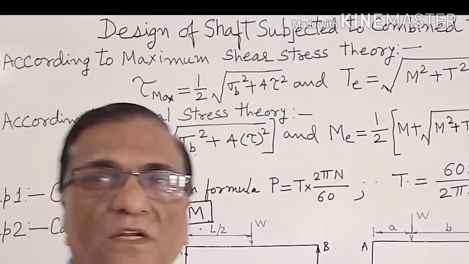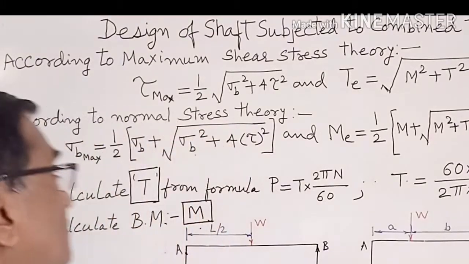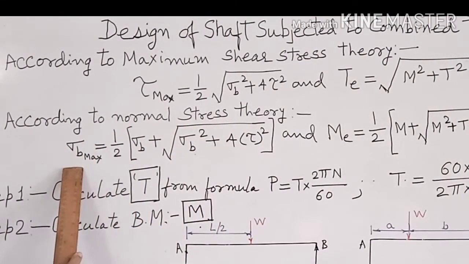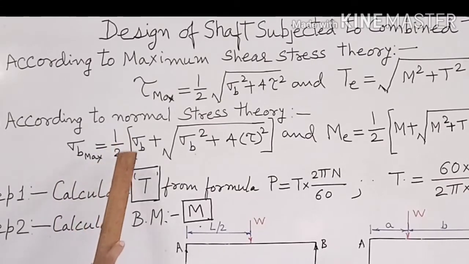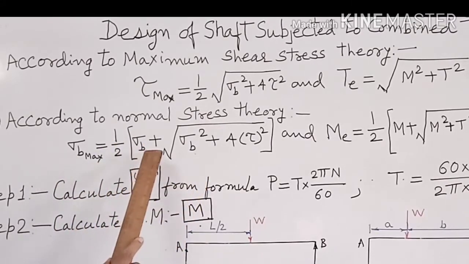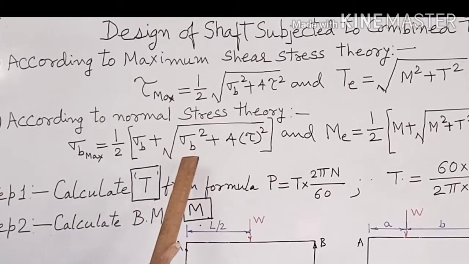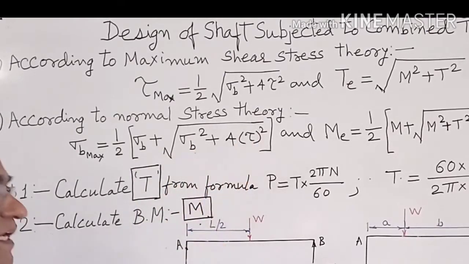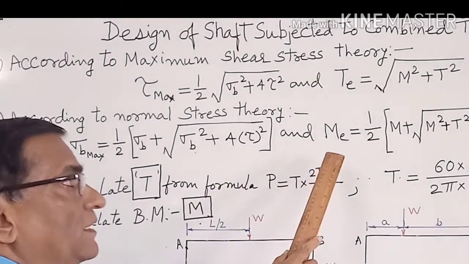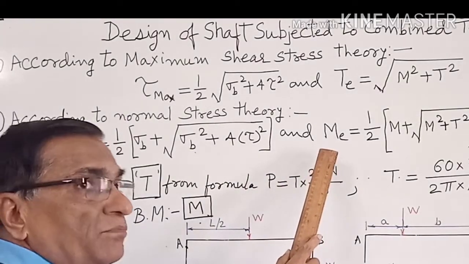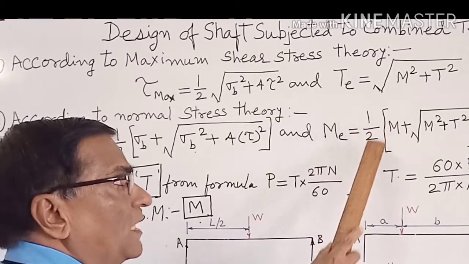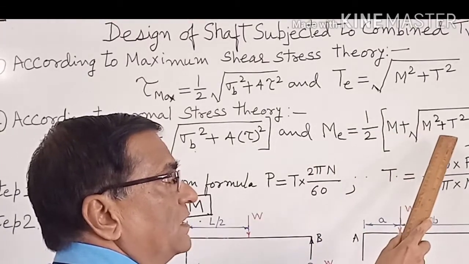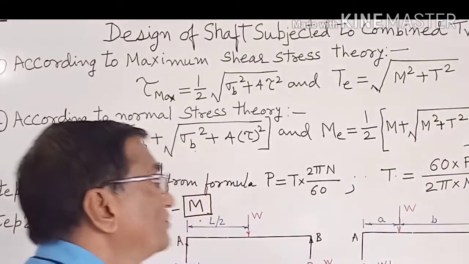According to the principal or normal stress theory, sigma b maximum, the maximum bending stress, equals 1 upon 2 in the bracket sigma b plus root of sigma b square plus 4 in the bracket tau square, and the equivalent bending moment ME is equal to 1 upon 2 in the bracket M plus root of M square plus T square.